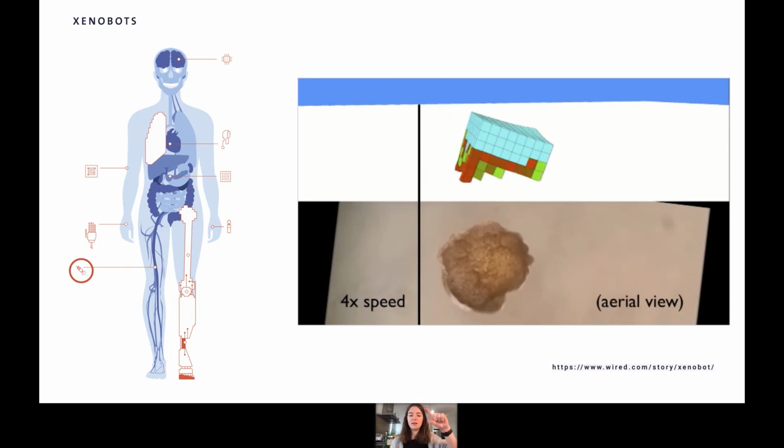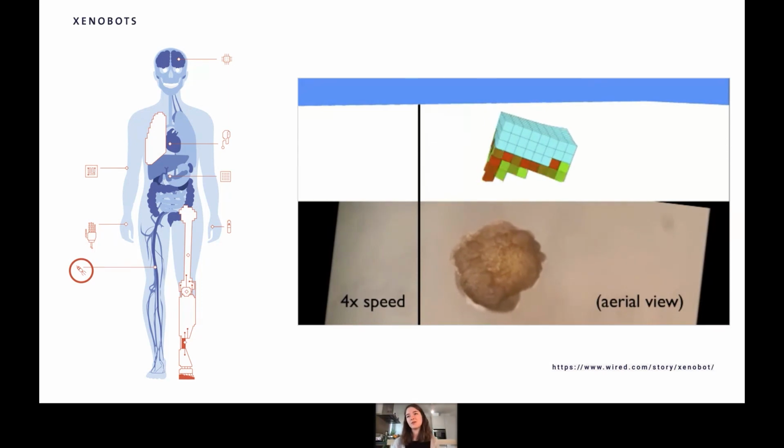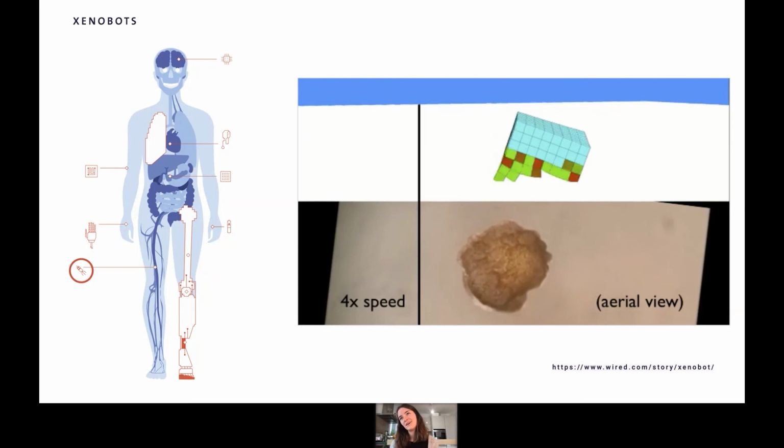They simulated it on the top, and then they recreated it in real life, and it's also moving like it was generated in advance.